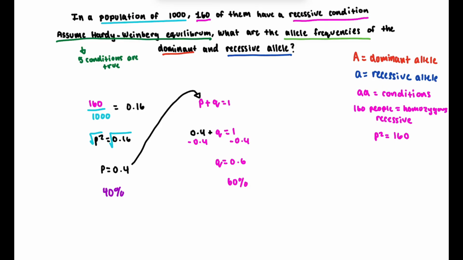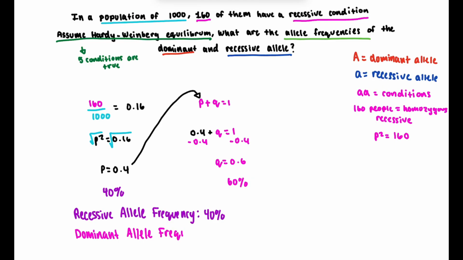So q, the recessive allele, has a 40% frequency, and the dominant allele frequency is at 60%.